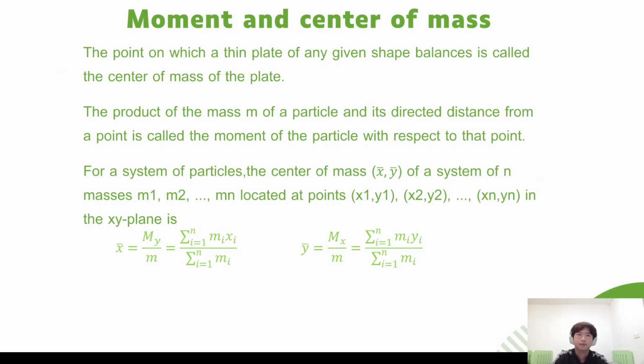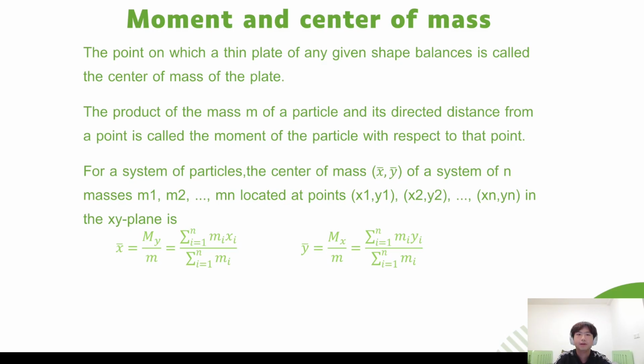The point on which a thin plate of any given shape balances is called the center of mass of the plate. The product of the mass m of a particle and its directed distance from a point is called the moment of the particle with respect to that point.